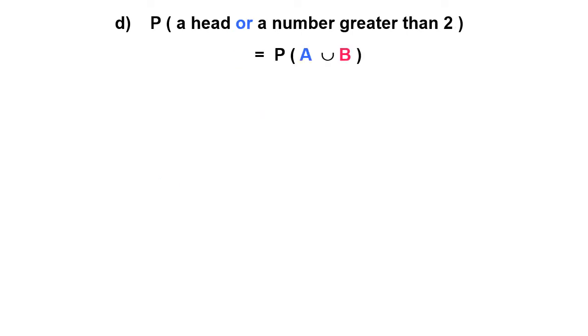And then next for question D, a head or a number greater than 2. So we have to use the union formula. So remember union: A plus B minus intersection. So from the previous calculation, straight away 10. So if possible, you can write down also.